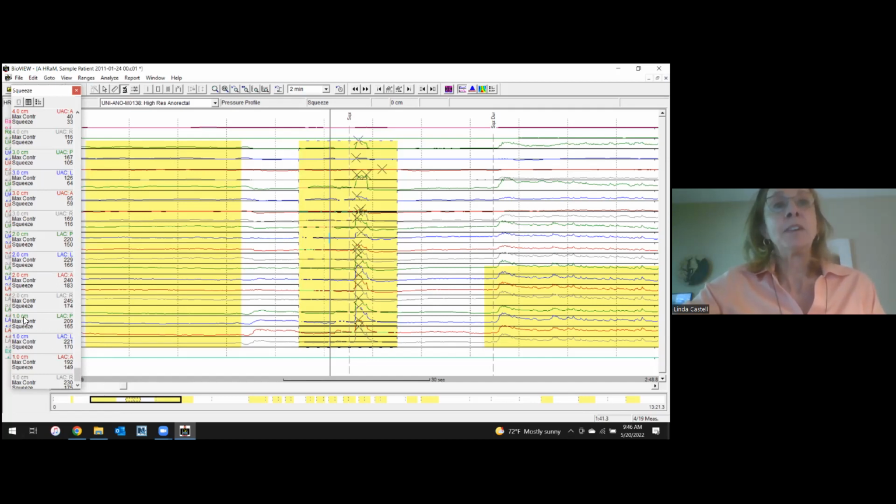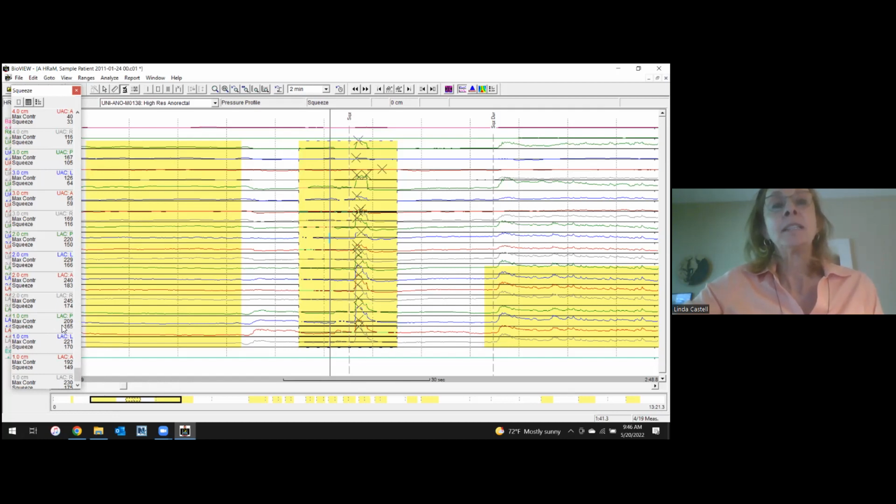At 1 centimeter, the posterior, which is our green line here, the maximum contraction is 209. That's the total anal canal pressure. That's resting pressure plus all the added squeeze from the external anal sphincter and the puborectalis muscle. Total anal canal pressure greater than 100 is normal.